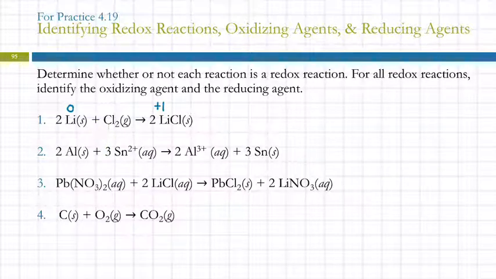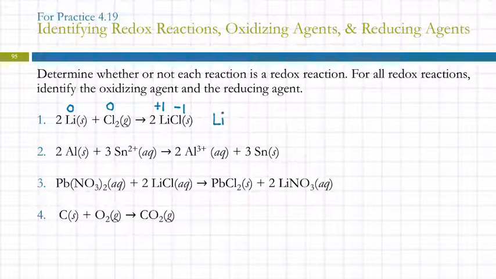Chlorine here, as an element, is a 0. And over here, this is an ion, right? What is the oxidation state of chlorine here? -1. So lithium went from 0 to +1. Its oxidation state increased. That was oxidized, right?